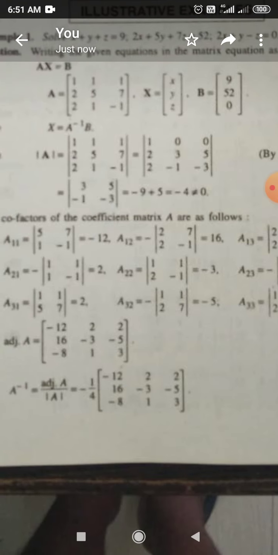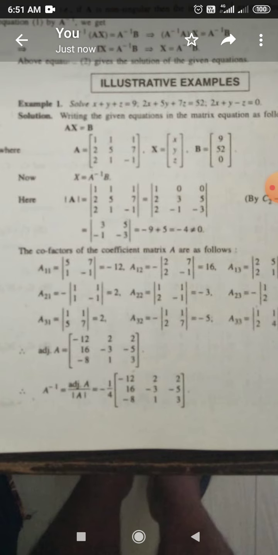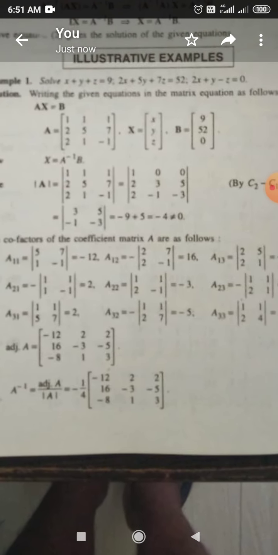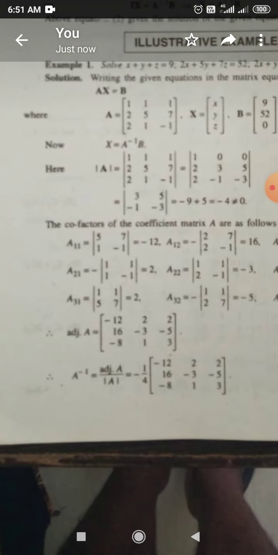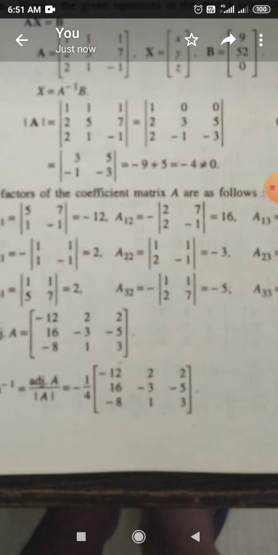Here, after expanding, we get the value of determinant A is equal to minus 4, that is not equal to 0, hence the matrix is invertible. Find all the cofactors of every element of A. Suppose cofactor A11 is equal to the determinant 5 7, 1 minus 1, and after solving it we get minus 12.